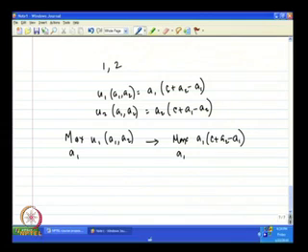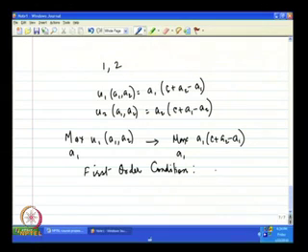Now, this is a very common problem in differential calculus. If I want to maximize a function with respect to a variable, I have to satisfy what is known as the first order condition, which is that the derivative of this function with respect to A1 has to be equal to 0.